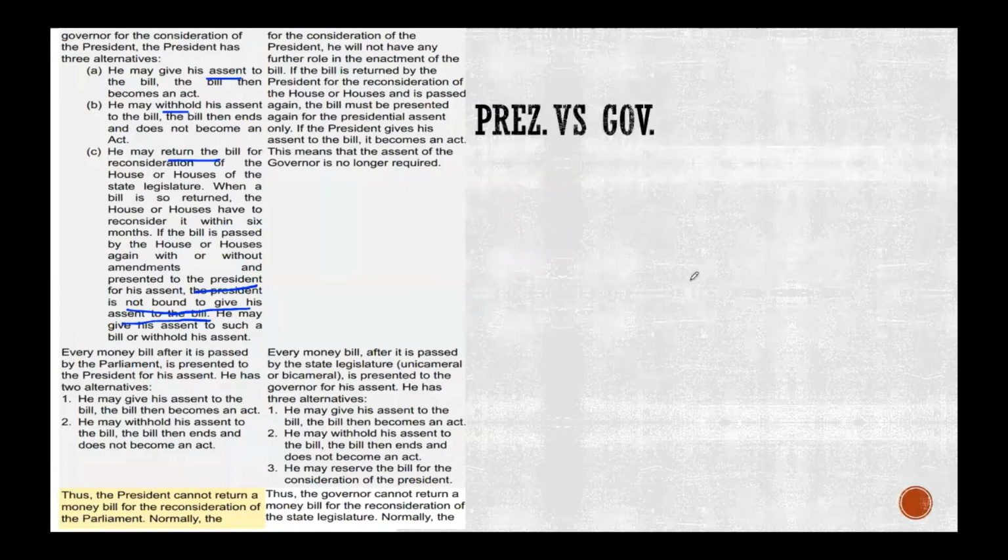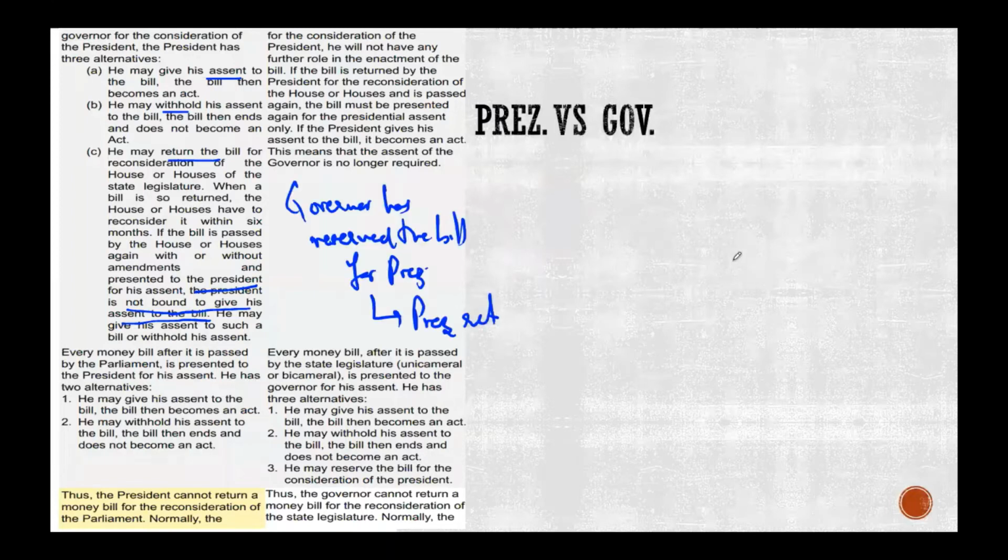Now the state legislature is passing it. After this, does it go to the governor or does it go to the president? It goes to the governor. Now that makes sense, right? That should logically be the process. Both the houses pass it, and then it goes to the governor.